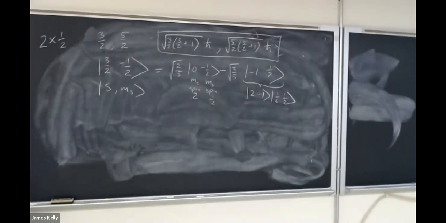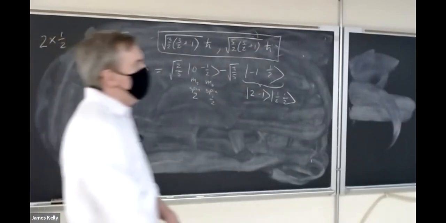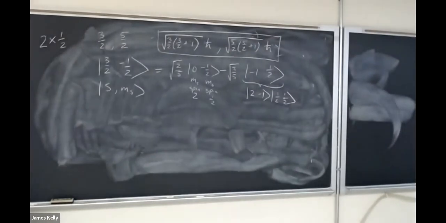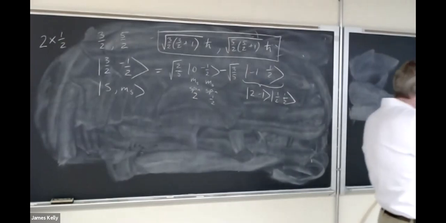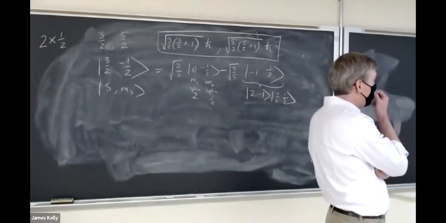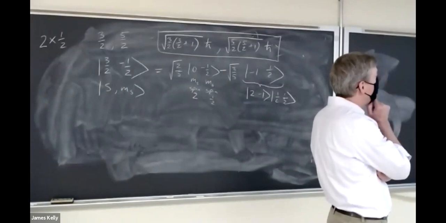Here's one final question showing the kind of thing you can do, or how you can use this in decays. Imagine that in some elementary particle decay, a W plus and a Z boson, both of which have spin 1, are emitted. So some particle decays into a W plus and a Z. They're both spin 1 particles.